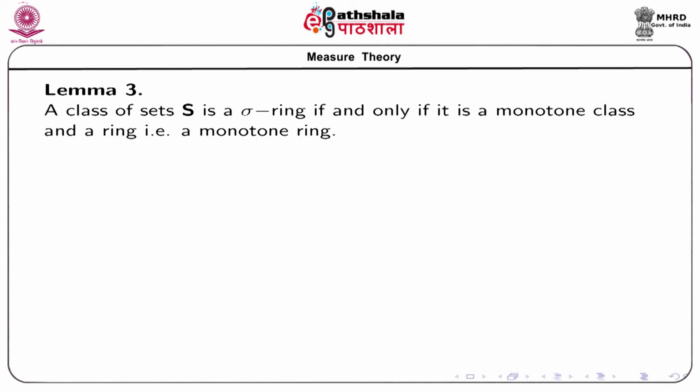Now, we have to understand what is the relation between a ring or sigma ring and a monotone class. First, observe that if we take the collection of all finite subsets of the set of natural numbers, it forms a ring, but it is not a monotone class, because the singleton set {1} is a subset of {1,2}, a subset of {1,2,3}.